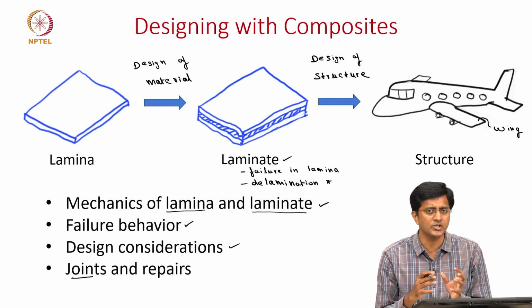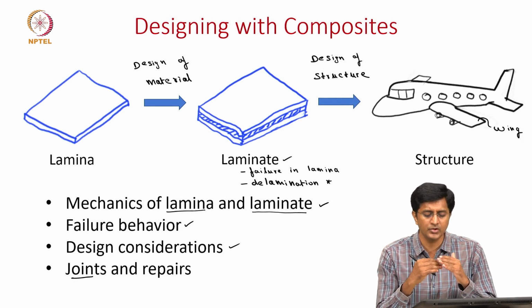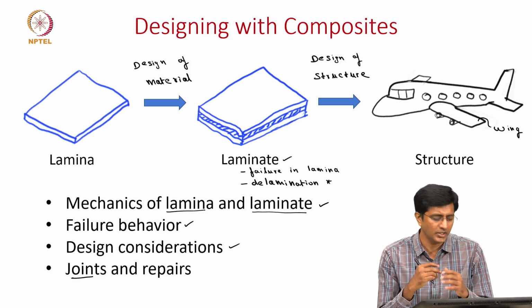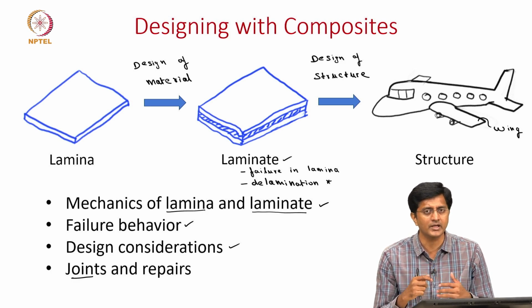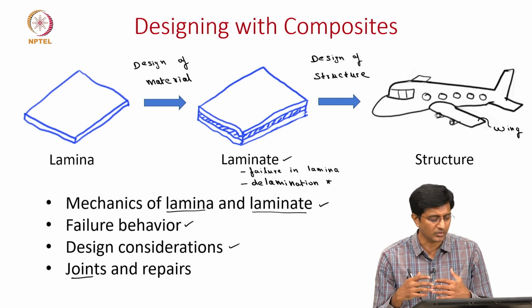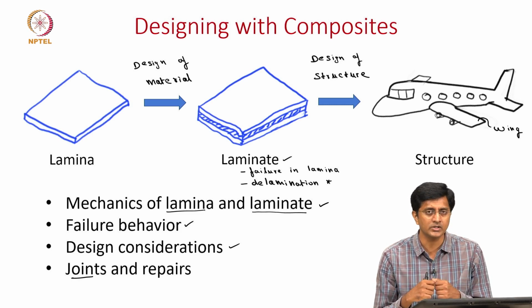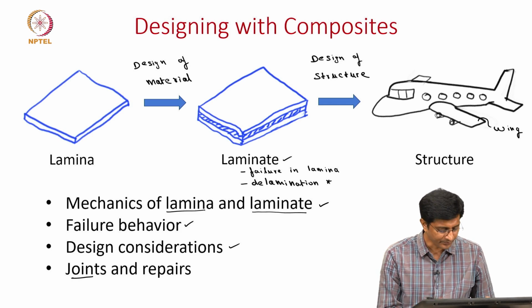The most common is the bonded joint, where you again use a polymer resin to join the two components. But in addition to bonding, people also use riveted joints or even bolted joints, so as to reinforce or give additional safety to the composite structure.